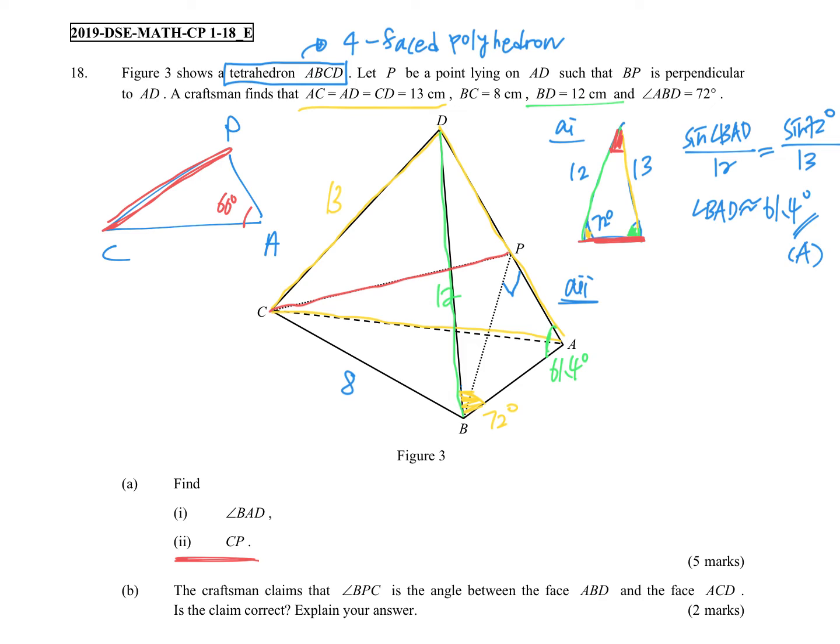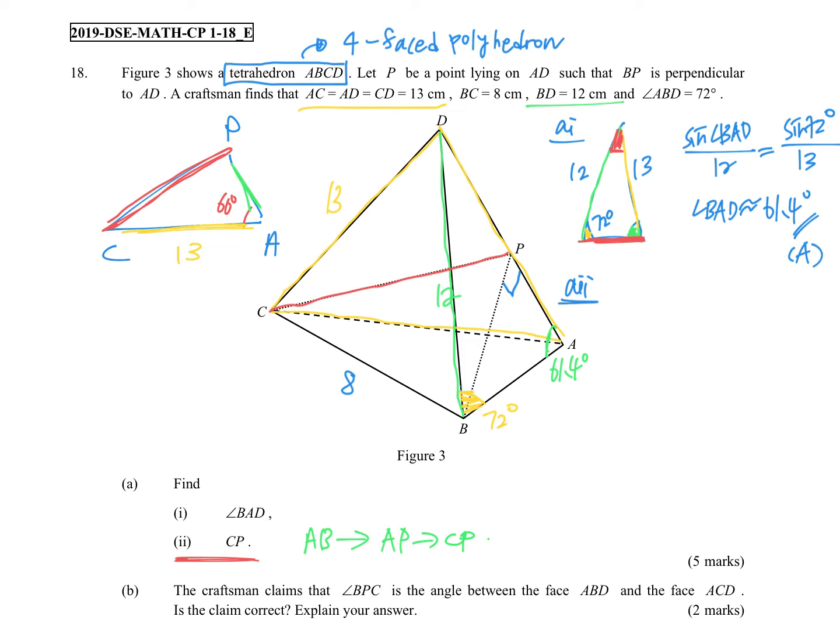AC is 13. So if we find AP, then we can find out CP as well. That's why for A2, first of all we find AP, and then finally CP. The flow will be like this.